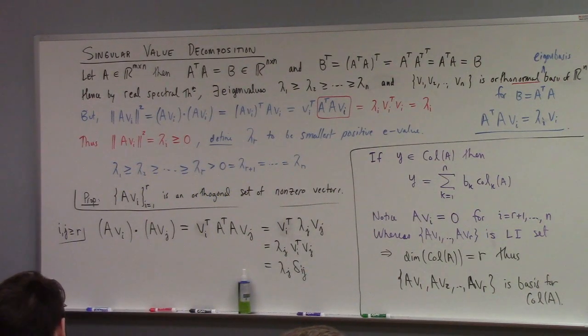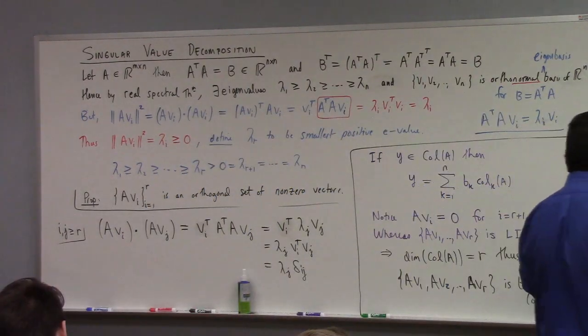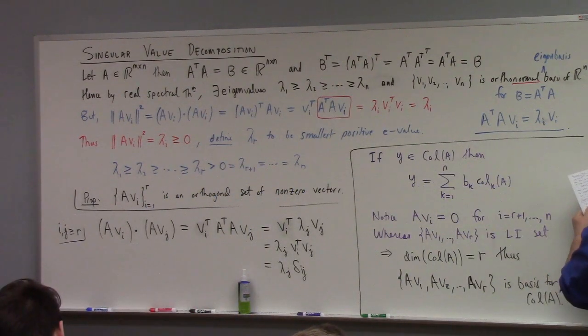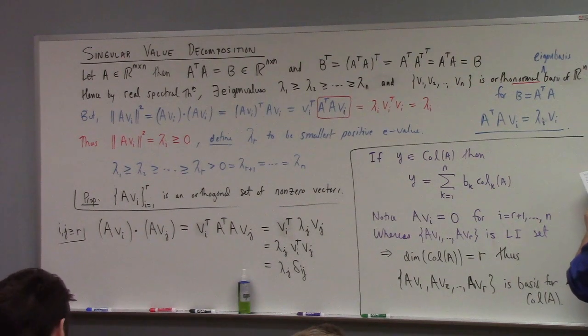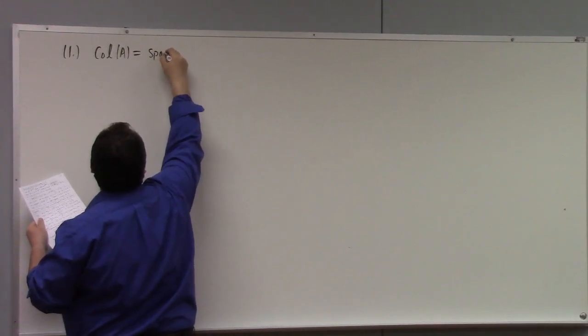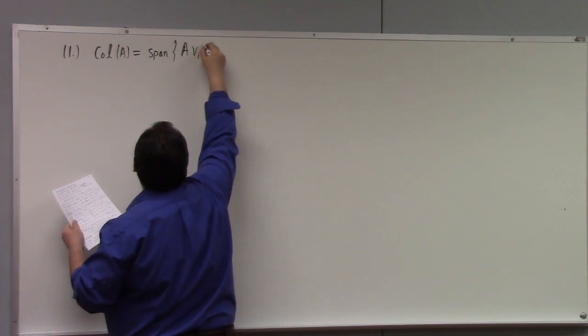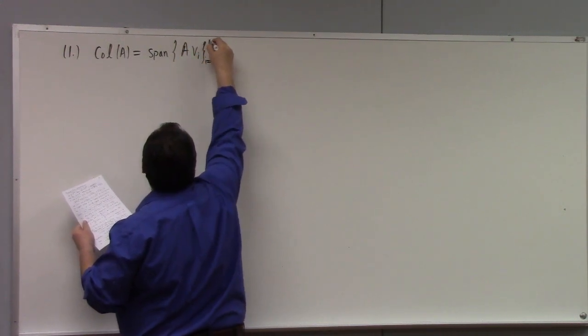All right, so then what? Let me just recap. Number one, we have that the column space of A is equal to the span of Avi, i equals 1 to r.